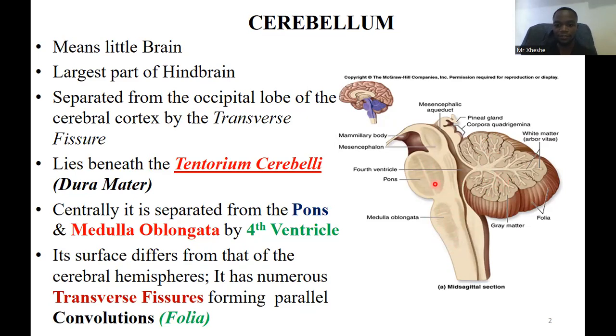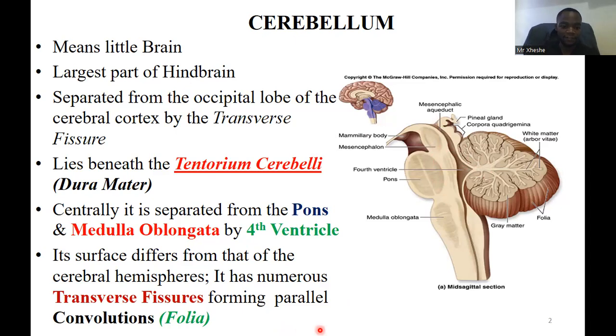Then the middle peduncles will connect the cerebellum to the pons, and the superior peduncles to the midbrain and cerebrum. Okay. So this is explained already.